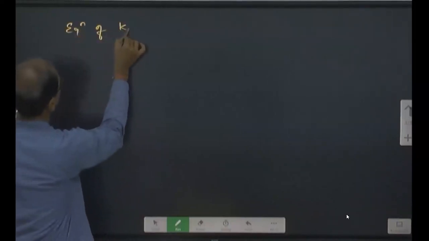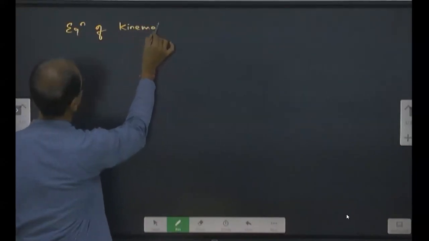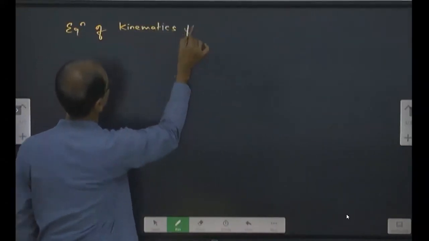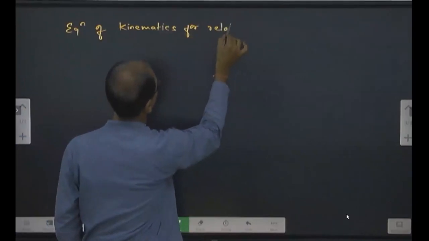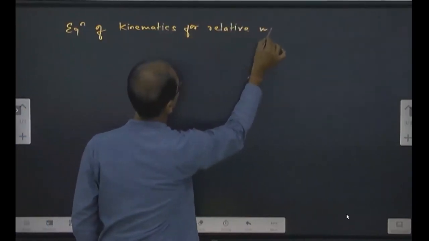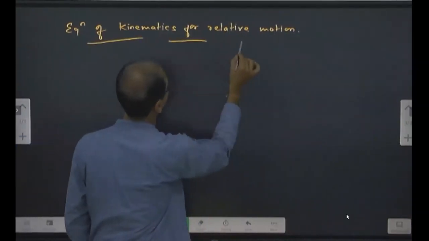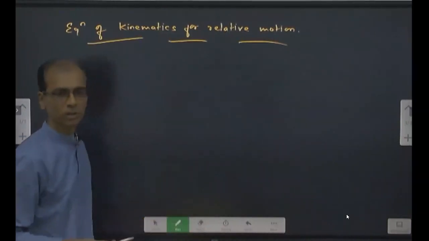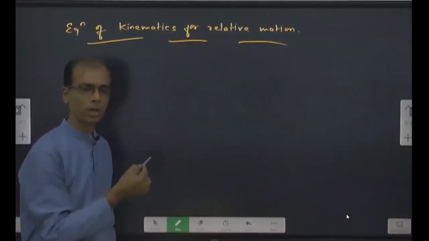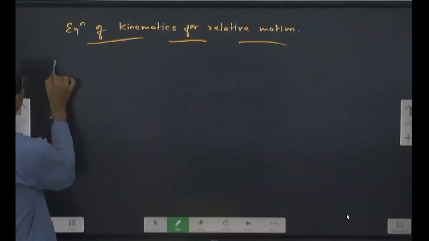Equation of kinematics for relative motion. So we have mainly 3 equations. Okay, so I'm writing one by one. First equation, v equal to u plus at.